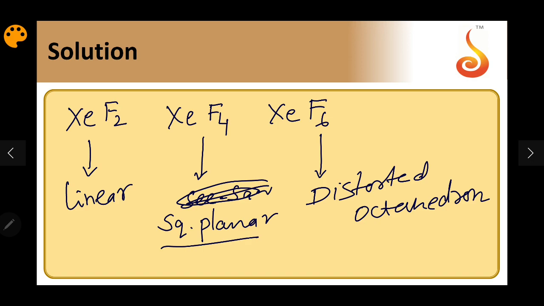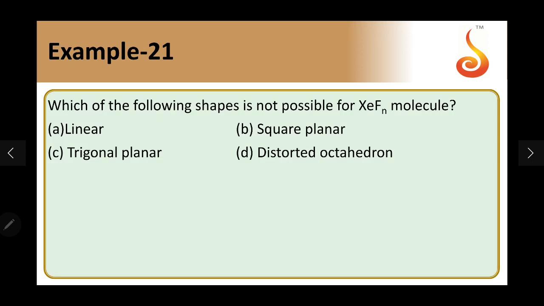XeF6 has sp3d3 hybridization with one lone pair, that is why it is a distorted octahedron. So these three structures are possible. Looking at the options: linear is possible, square planar possible, trigonal planar not possible, distorted octahedron is possible. Answer should be C.